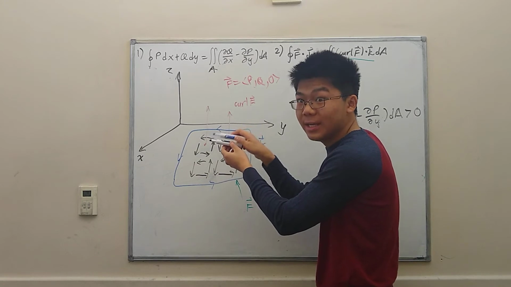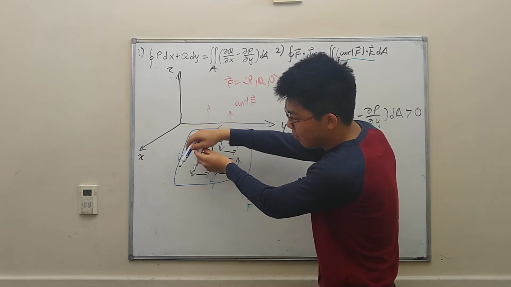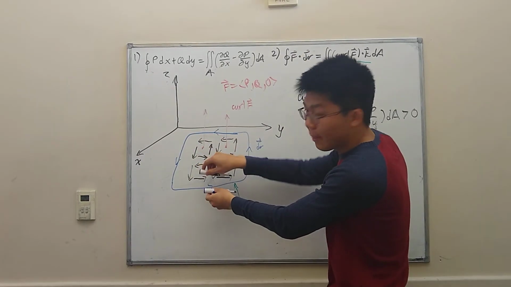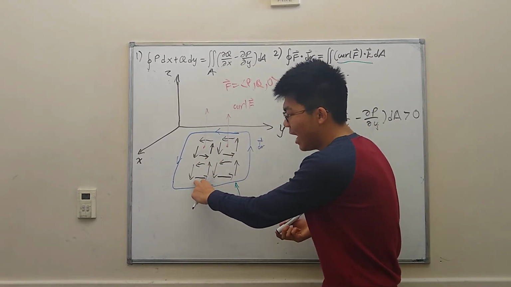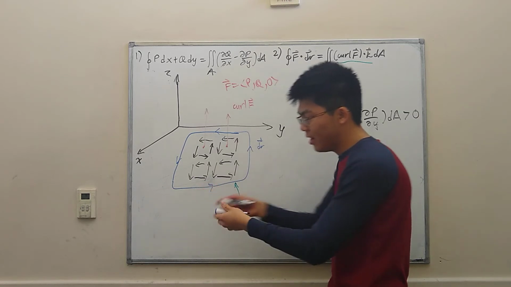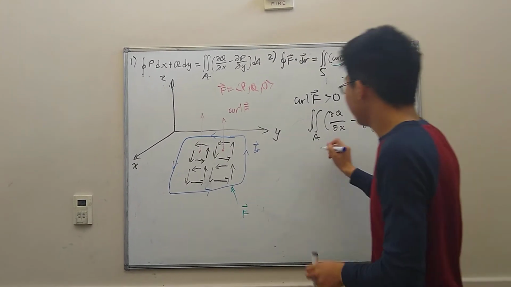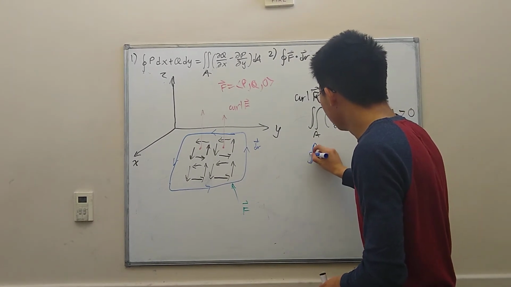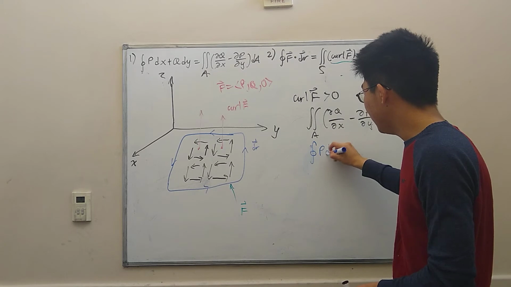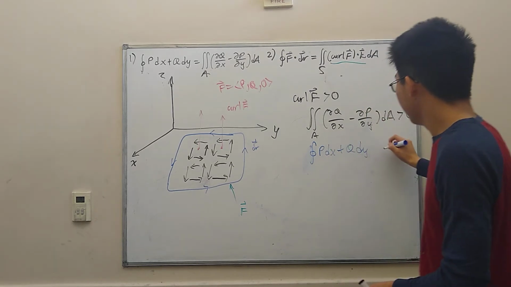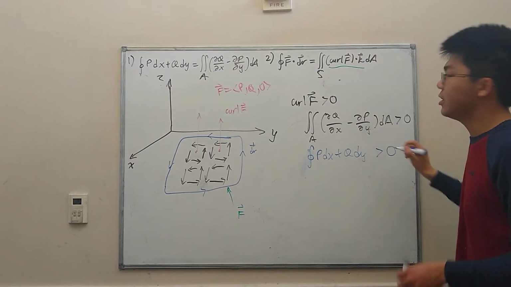These two are also pointing in the same direction. That means it's still positive. And it will remain positive for all values along the macroscopic circulation, because these two vectors, the field f vector and the dr vector, are always going to point in the same direction. That means your line integral P dx plus Q dy, which is the same thing as F dot dr, is also greater than 0.